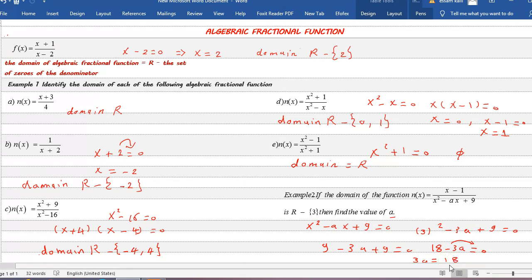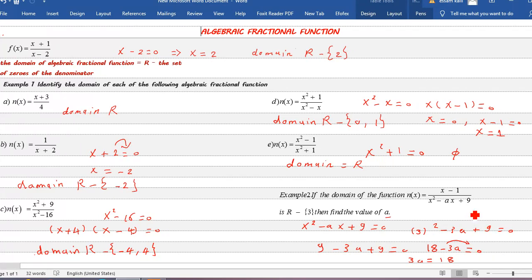Divided by 3 and divided by 3. Then a equal 18 divided by 3 equal what? Equal 6. يبقى then the value of a equal 6.